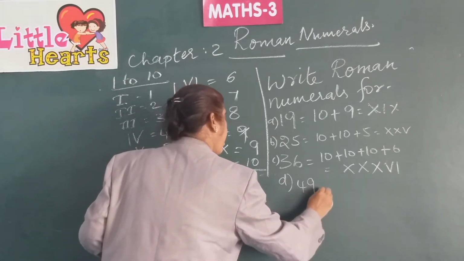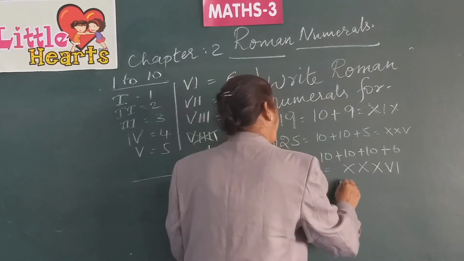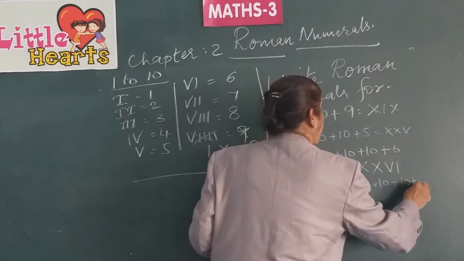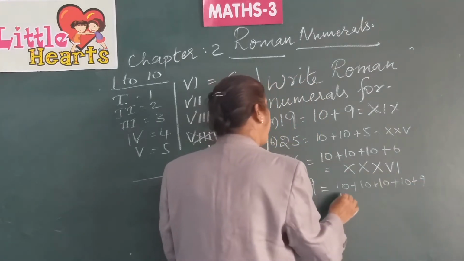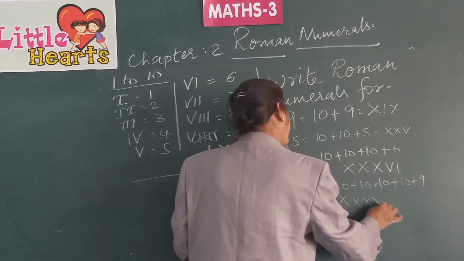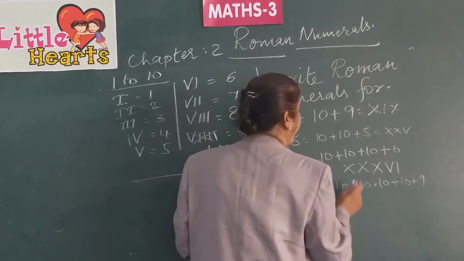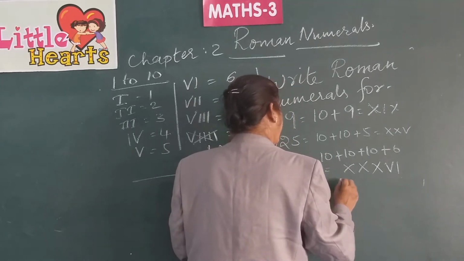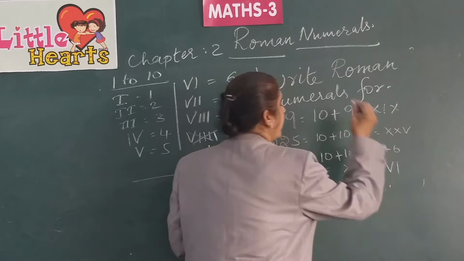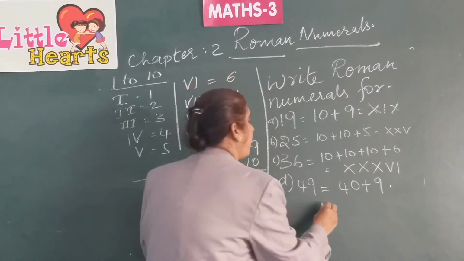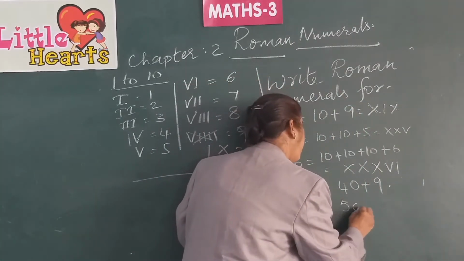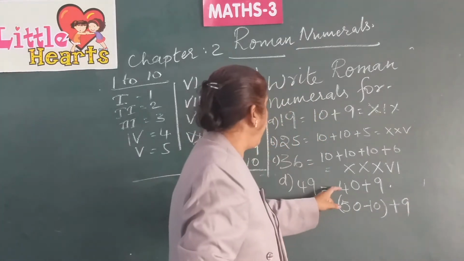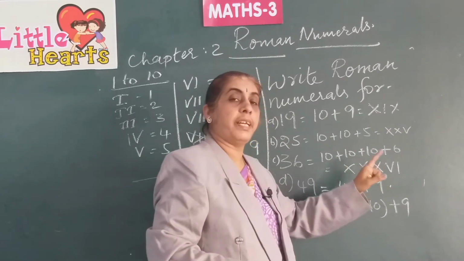49. 10 plus 10 plus 10 plus 9. 4 tens are 40 plus 9. XXXX. No, sorry. This should be written as 40 plus 9, and 40 can be written as 50 minus 10, plus 9. We should know that X should not be repeated more than 3 times.